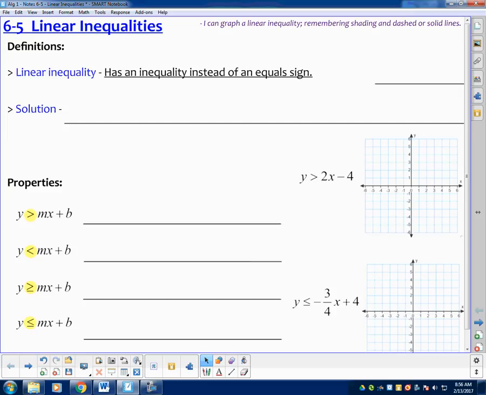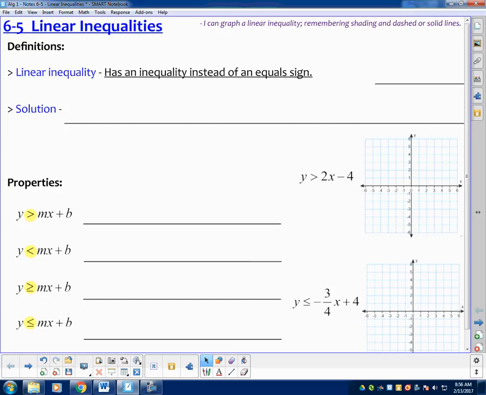Okay? How many solutions do you think there are? If I say x is less than 4, how many solutions do you think there are? Is there only one solution here? No, there's actually many.